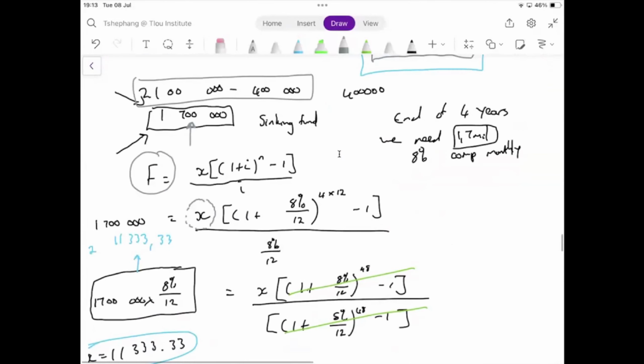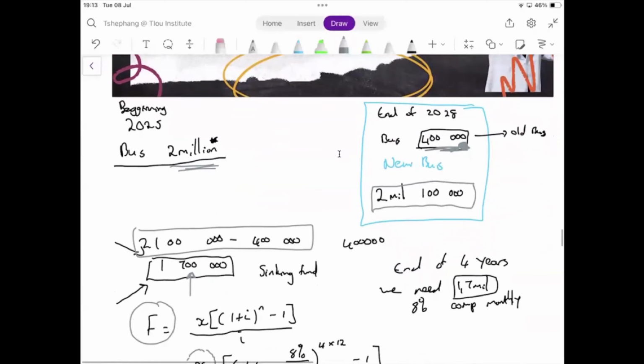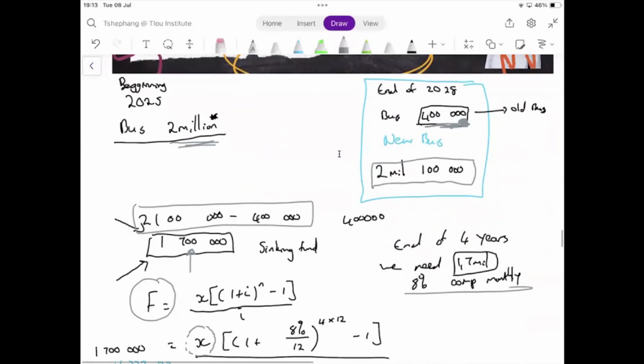Okay. Here's a question. Please explain why it's 4 times 12 instead of 4 times 4. What did they say? It's compounded what? Monthly. Here, I wrote it. Compounded monthly. So every single month. It's not just once a year. If it was compounded yearly, we're going to say 4 years because it's once every single year.